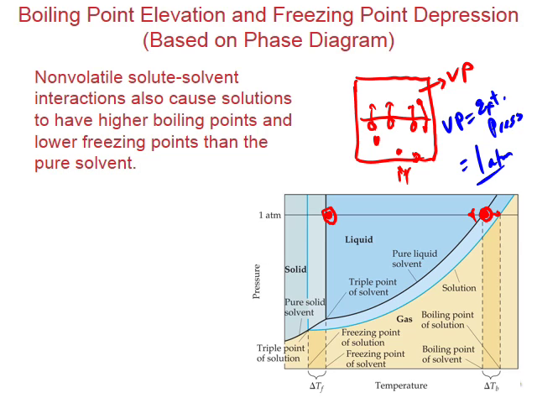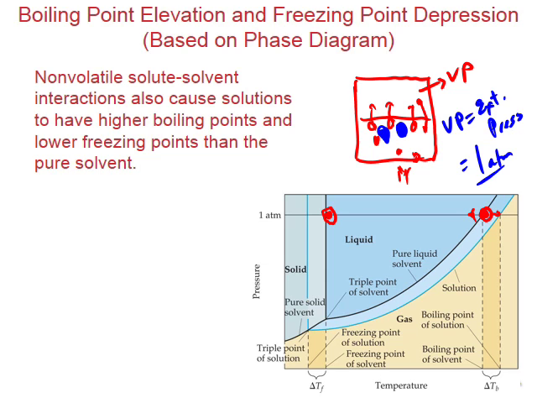Now if you have a solute, let's draw those big solid molecules with a different color of ink. So these are solutes, so they're big. Because of their presence, they're preventing some of these small solvent molecules from going to the vapor phase. In other words, there'll be depression of vapor pressure.